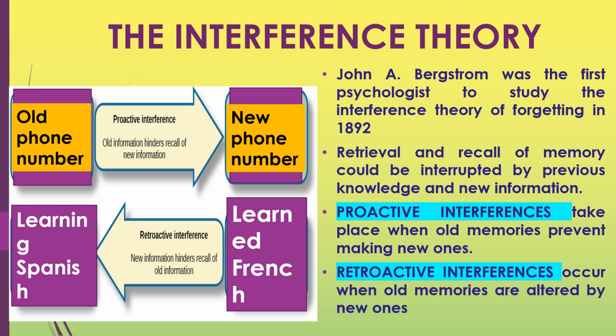So in essence, we forget because memories interfere with and disrupt one another. So the interference theory deals with how new learning and old learning interfere with one another.